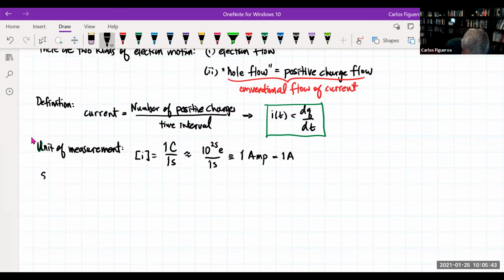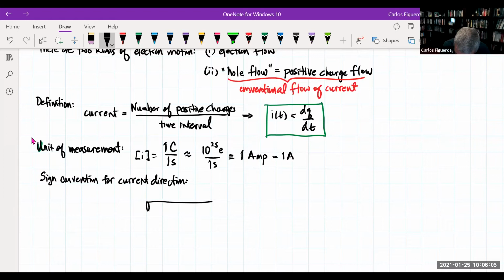Well, our sign convention for current direction, since we've already talked about this, is that if I have a piece of wire and current is moving in this direction, the only way this could be possible is that this end here is the high potential and this end here is the low potential.